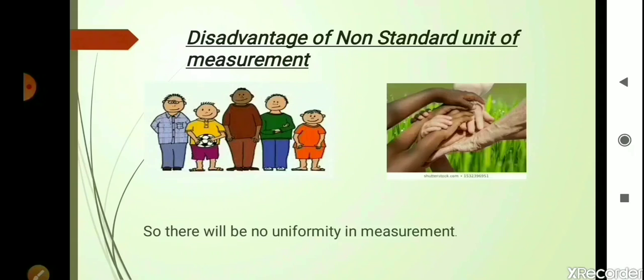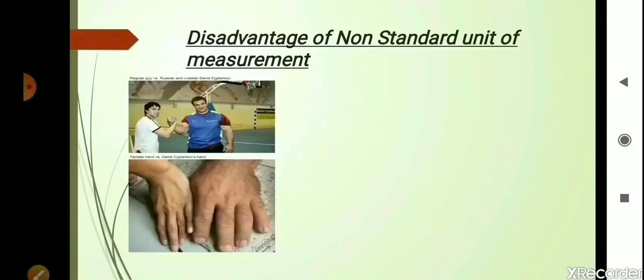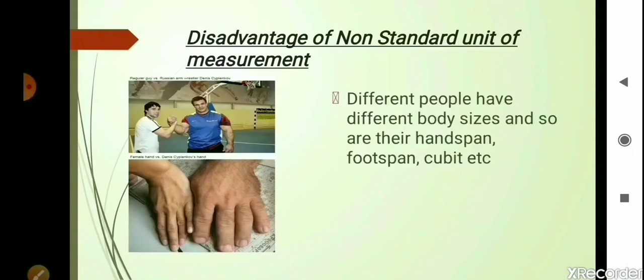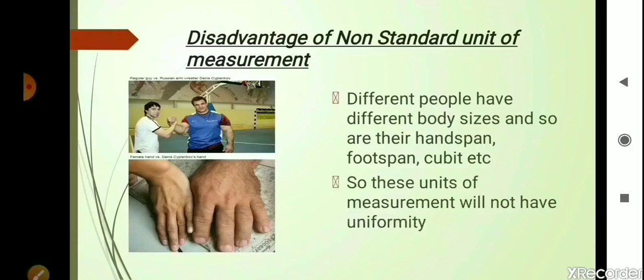So there is no uniformity in this kind of measurement, and because of this non-uniformity there will obviously be confusion. Different people have different body sizes, so they have different sizes of hand span, foot span, cubit, etc. And that's why there is confusion.